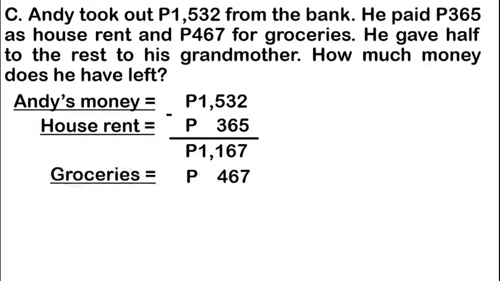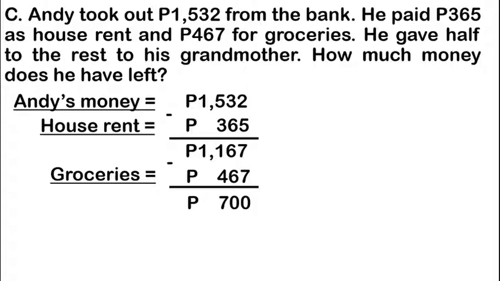But then there is still a charge with the groceries, so we need to subtract again. 1,167 minus 467, we got 700 pesos. This is the remaining of Andy's money. Not yet, because he gave half of the rest to his grandmother.